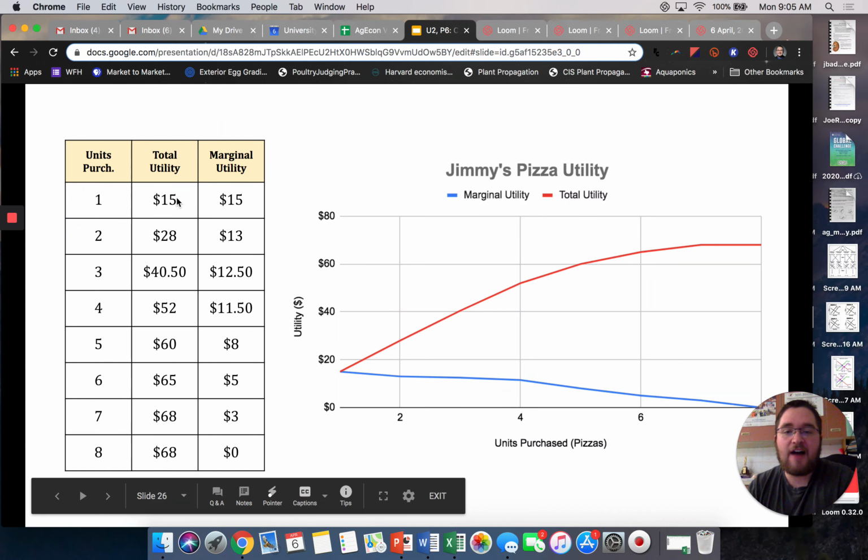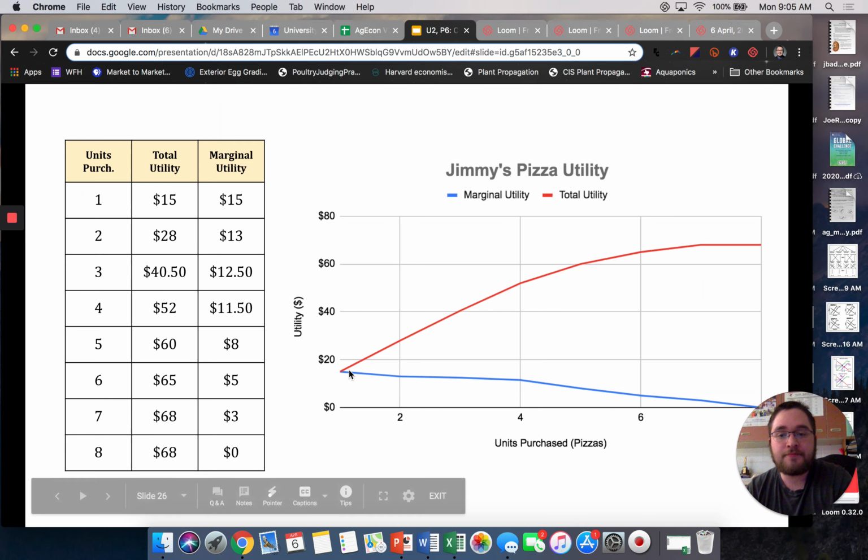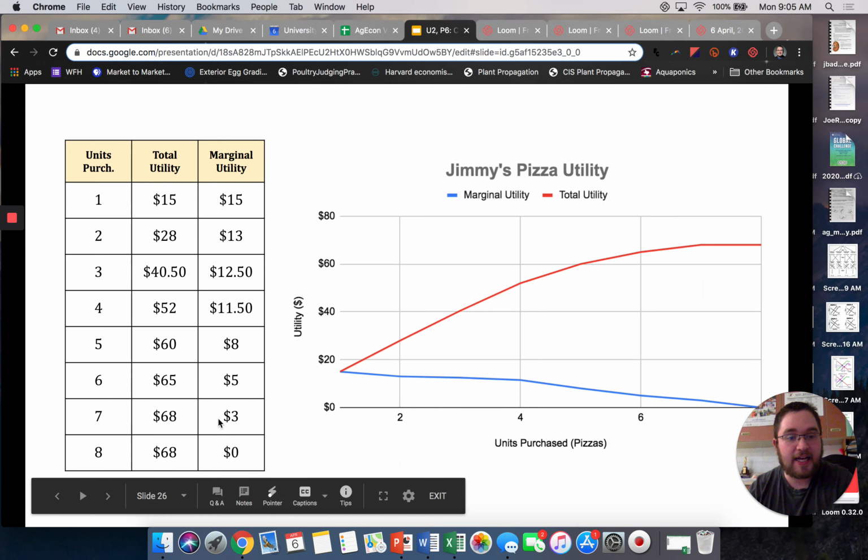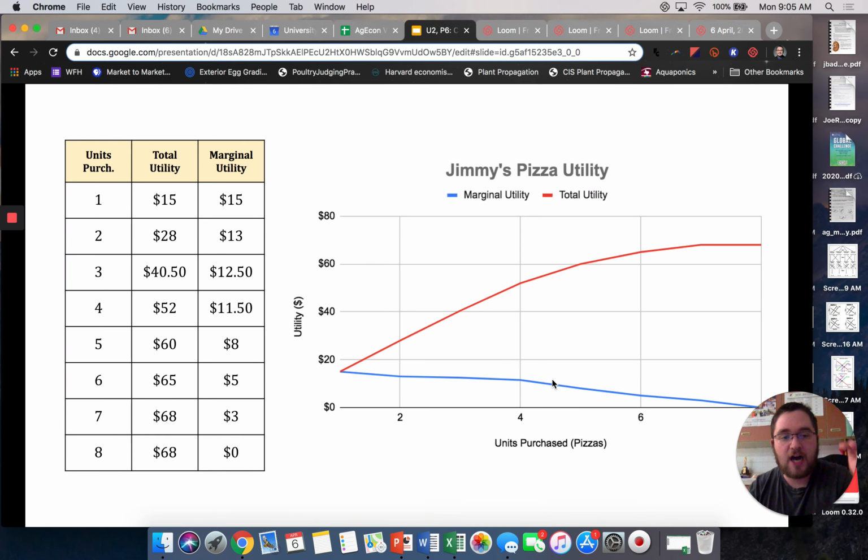This is what our graph is going to look like. Our total utility is going to eventually plateau because we have a $0 change between 7 and 8. And our marginal utility is going to be downward sloping. So we're going to lose dollars for each unit.